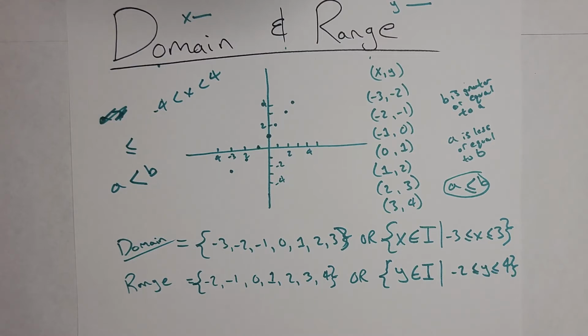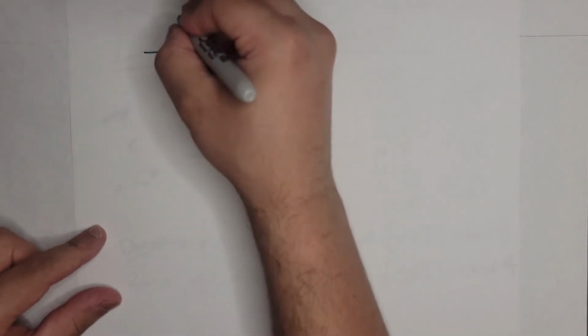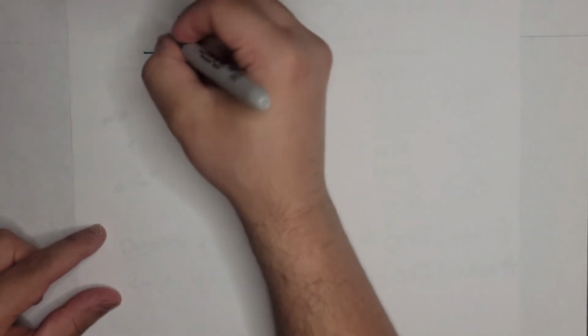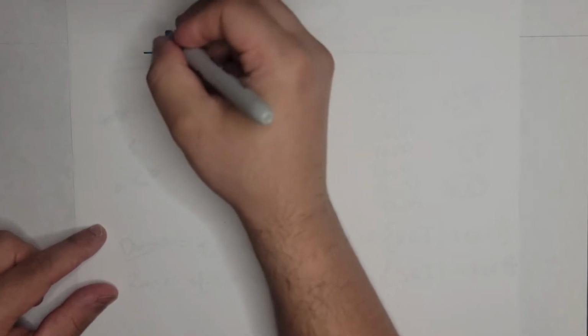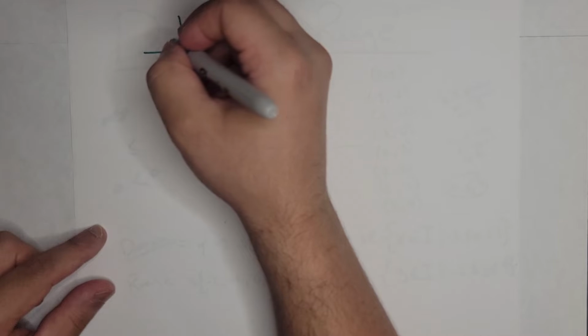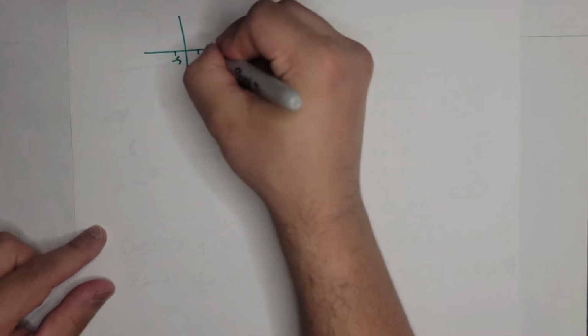Let's do another one. Let's say we have -5 and we have a +5 and a +10.